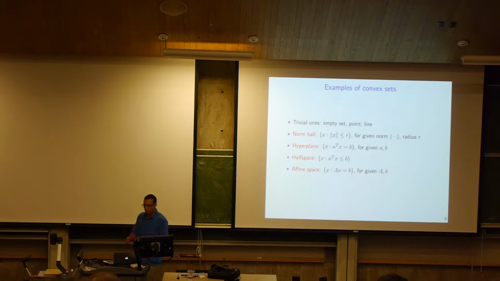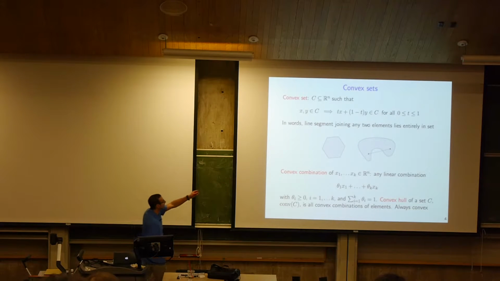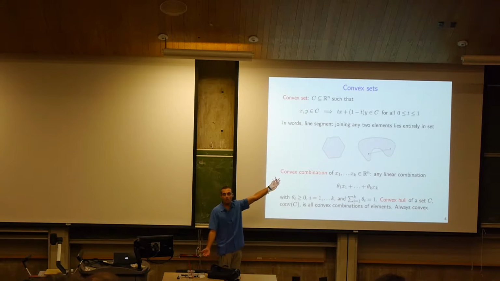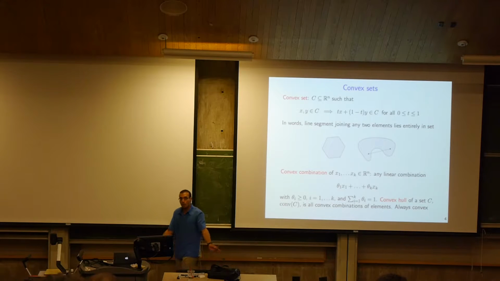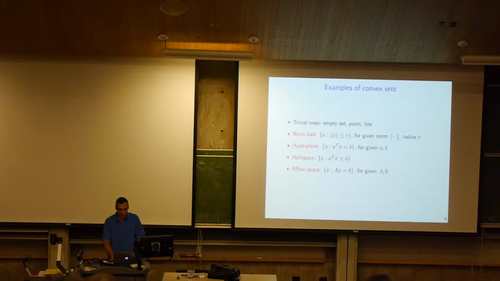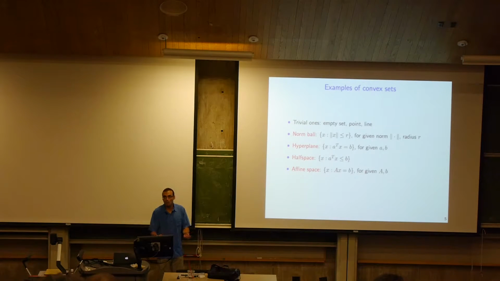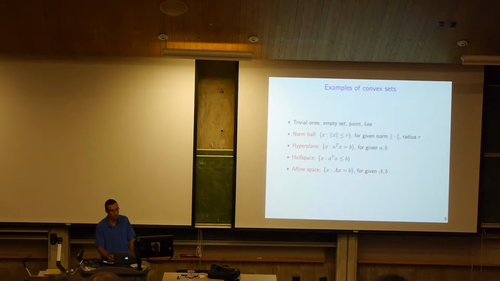We require this property to hold for every 2 points in the set C. If C is empty, it doesn't have any 2 points, so that property trivially holds. A point is convex. If the set is a singleton, you'll see that the definition holds. A line is also convex. A line segment is also convex. All of Rn is convex. These are all trivial examples of convex sets.